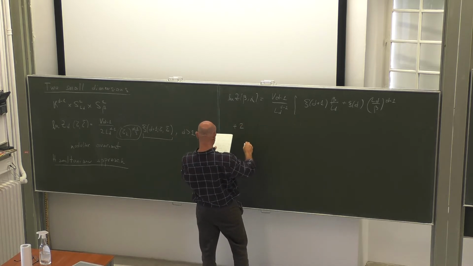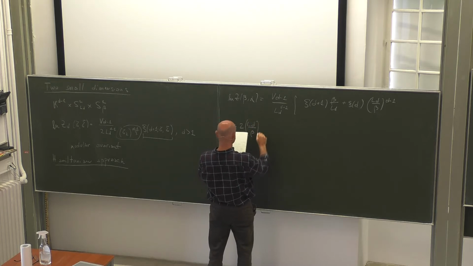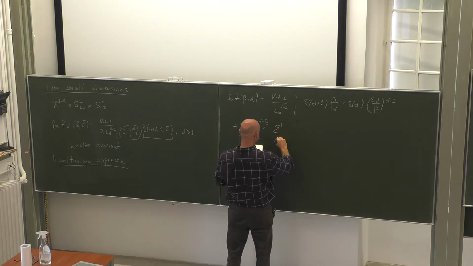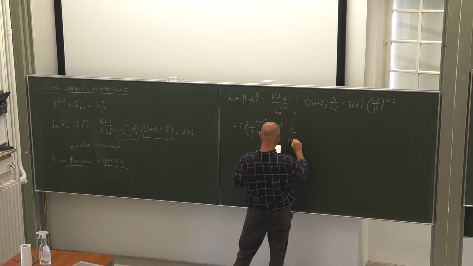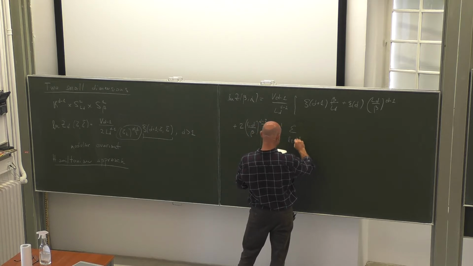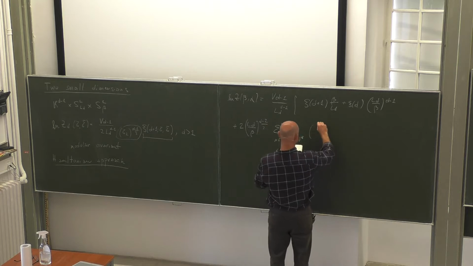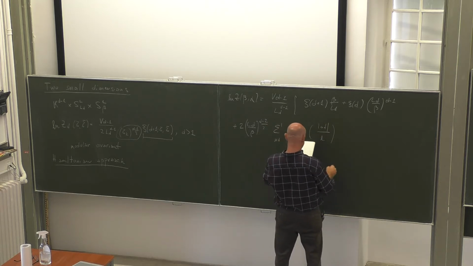Plus 2 L^d over beta^((d-2)/2), sum prime and d, sum over l belonging to Z star, something slightly awful, but completely computable.